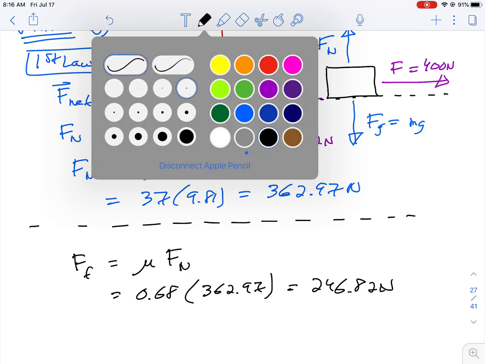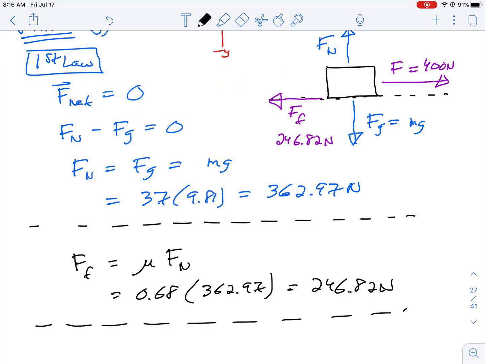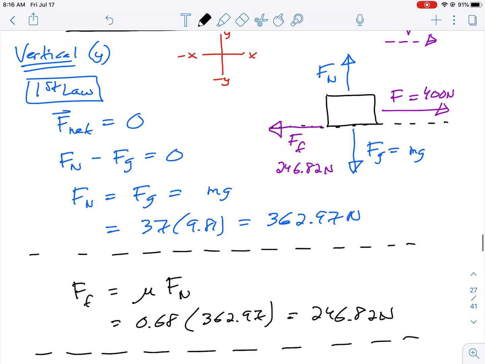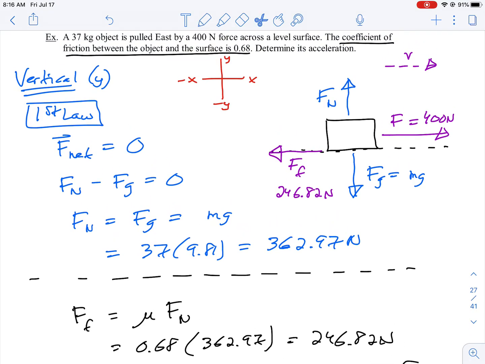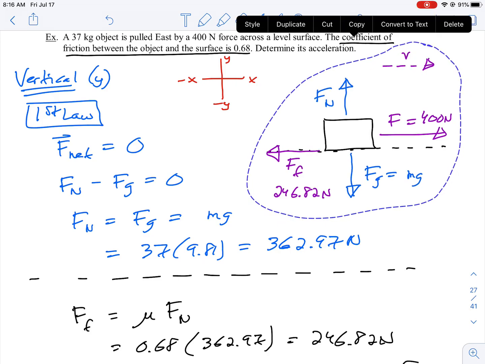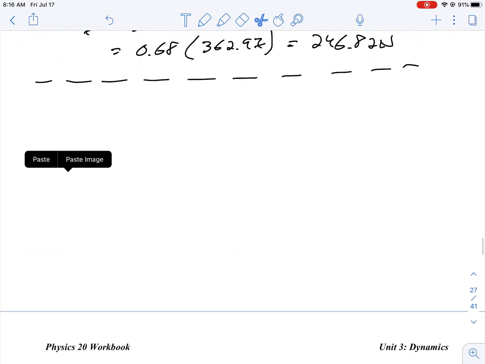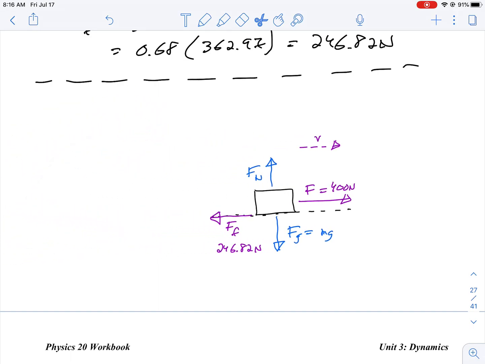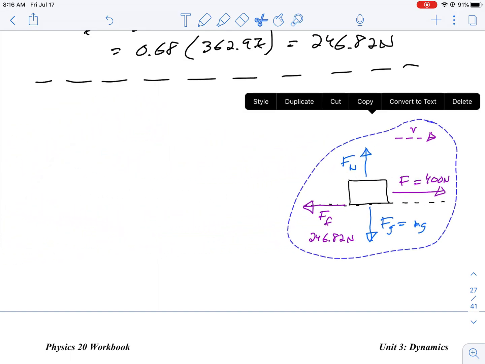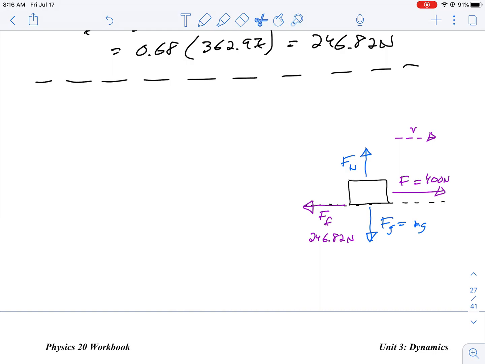Okay, that's kind of our second step. I'm just going to transfer this diagram down for the last step. Okay, so now we're ready to take this on horizontally.